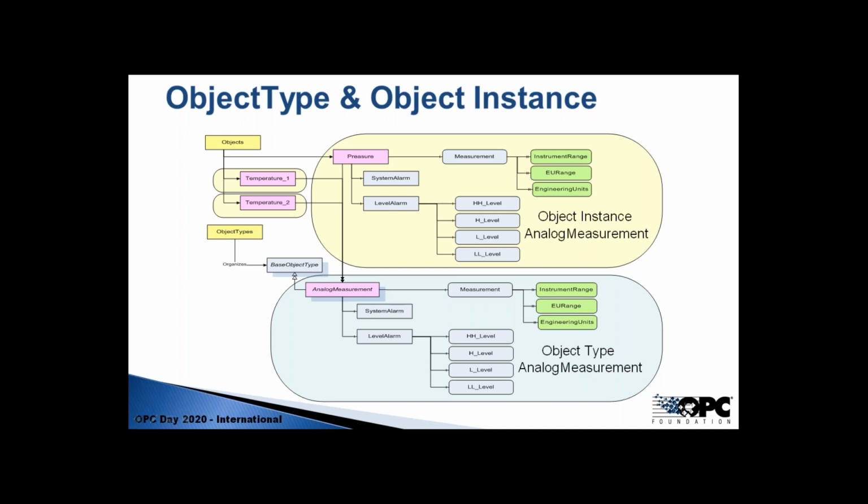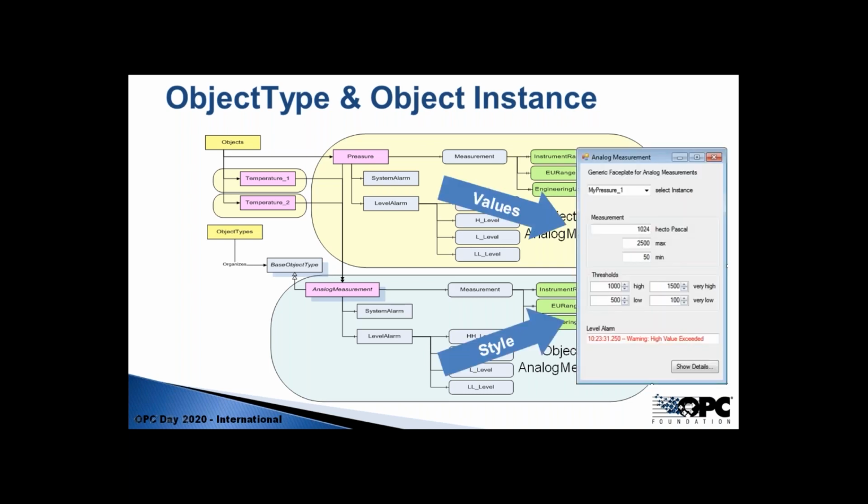So in the yellow box, you can see I have 3 different instances. I have 2 temperature and 1 pressure, and it looks exactly the same. So what is the advantage of that? The advantage is that a consumer of the information can specialize on the type. For example, a graphical display element.